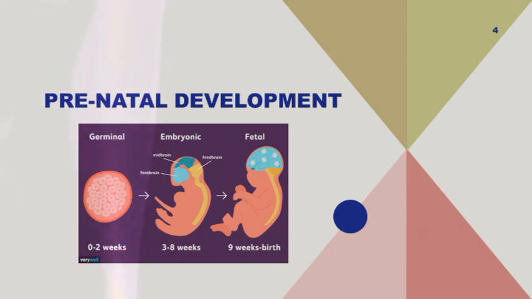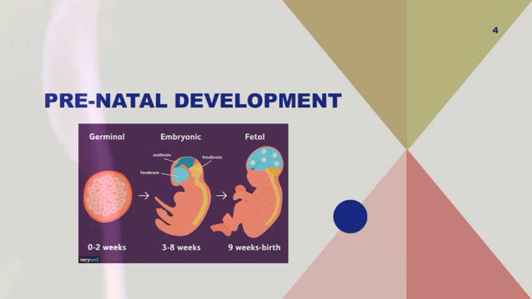is this fetal stage, which is characterized by further growth and refinement of the developing organs. And during this time, the fetus undergoes significant neurological, physiological, and behavioral changes, and organs continue to mature, and the fetus becomes increasingly responsive to external stimuli.